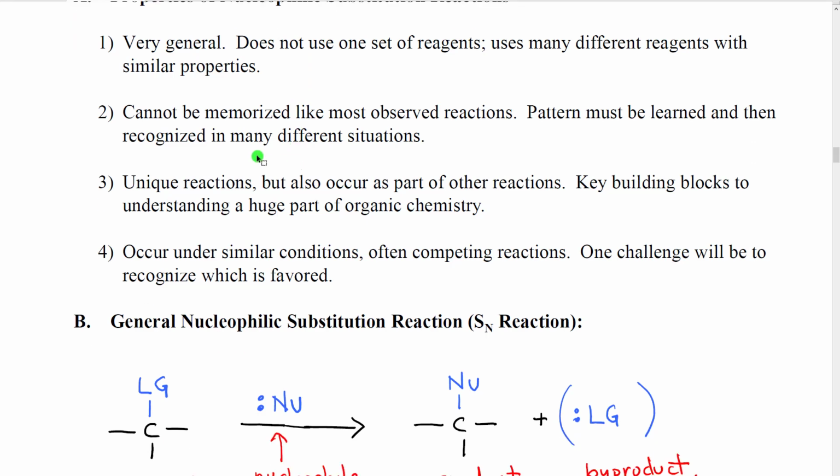This makes it hard to memorize, unlike most of the observed reactions that we're going to discuss later. Instead, what we have to learn is the pattern and the general characteristics, and then attempt to recognize that when presented.